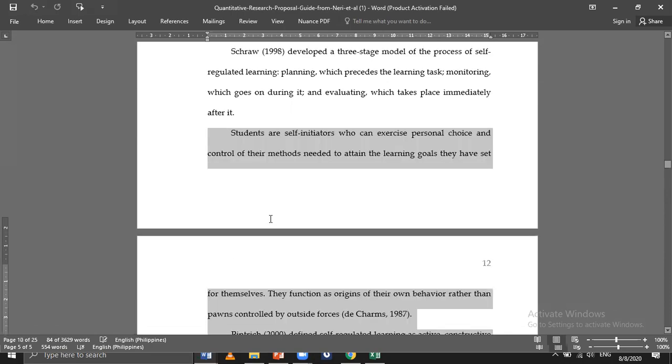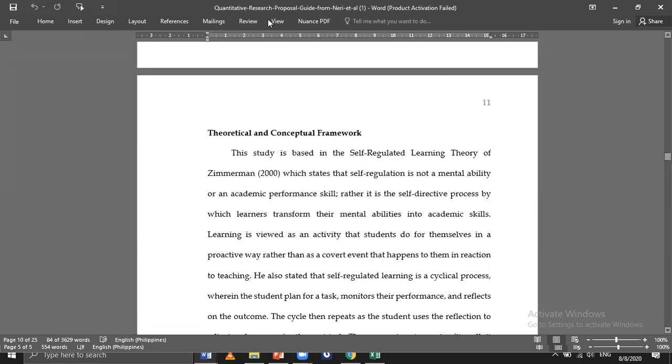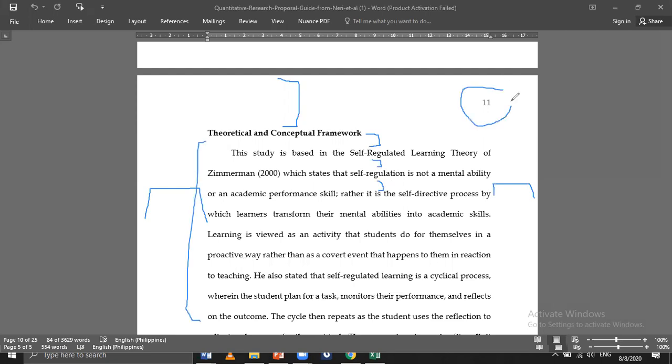Okay. Now, let's go to the technicalities and the formats. This is the same as 1 inch. This is 1.5 inches. This is 1 inch. The spaces here, here, here, all of it is double space. You have a page number because the whole of chapter 1 has page numbers. This indicates that the theoretical and conceptual framework started at page 11. And the page number is also in Book Antiqua 12.